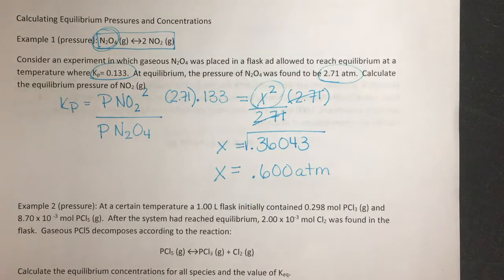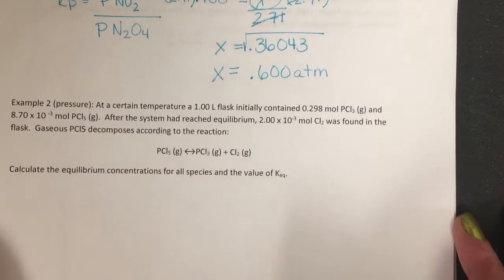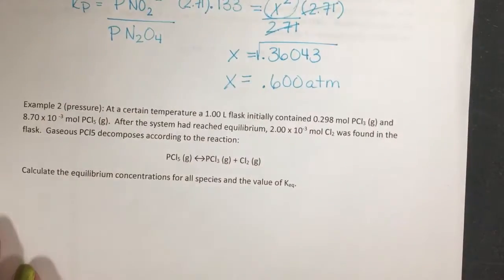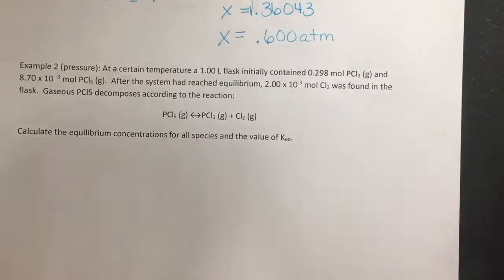So if I'm given the Kp or the Keq, it's really easy to just solve some basic algebra. But sometimes they don't give me all of the information I need to go straight there. So here, in example 2, I've got some information.